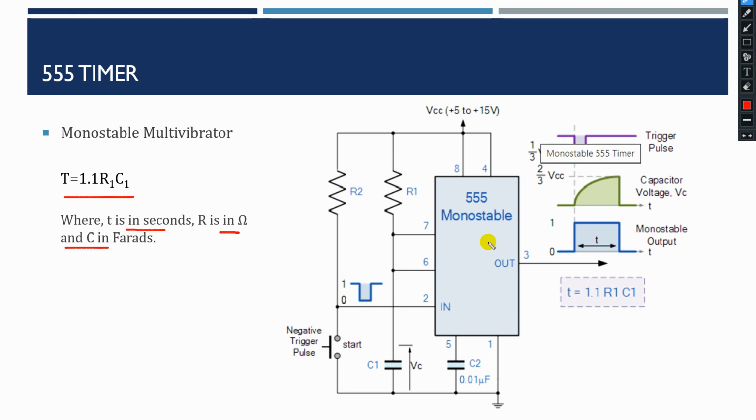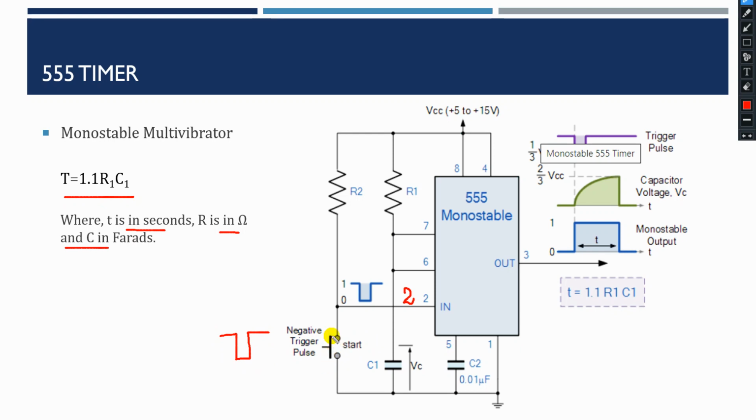In monostable operation, we are using two resistors, R1 and R2. If the trigger pulse is given to pin number 2, and pins 6 and 7 are shorted with a resistor R1. As you can see here, the pulse is given to pin number 2. The pulse is nothing but a negative pulse, a high to low pulse.